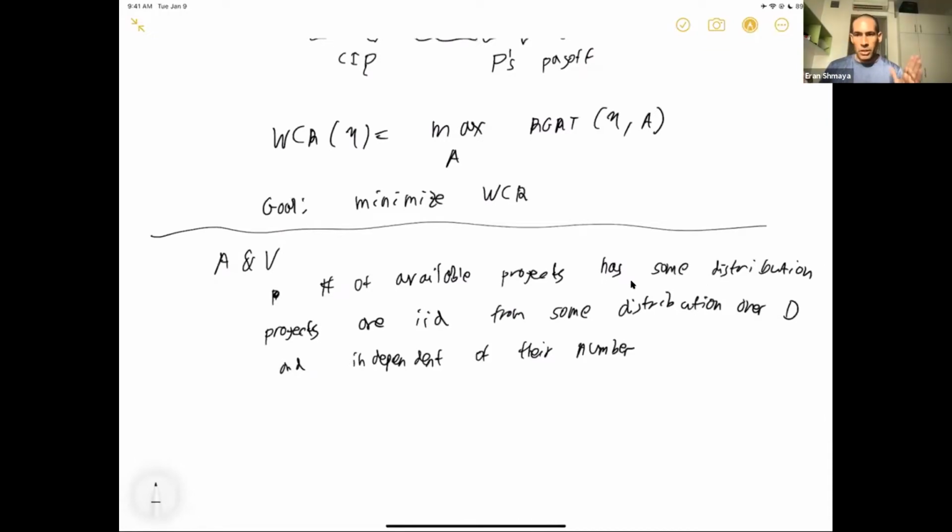With these assumptions, it's still a difficult thing to solve, but they also made the assumption of only deterministic mechanisms. Only deterministic mechanisms means that a mechanism is just a subset, given by a subset of the set of potential projects.